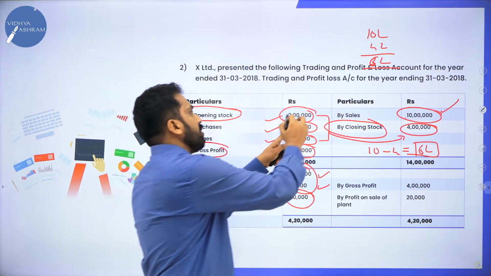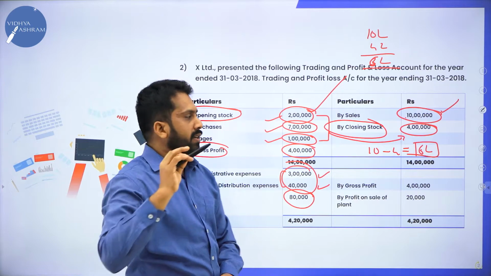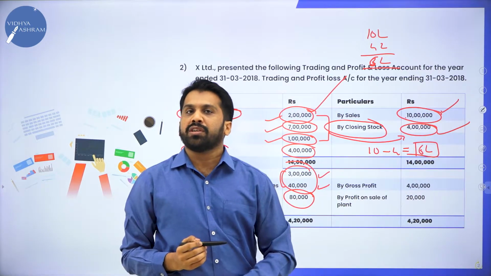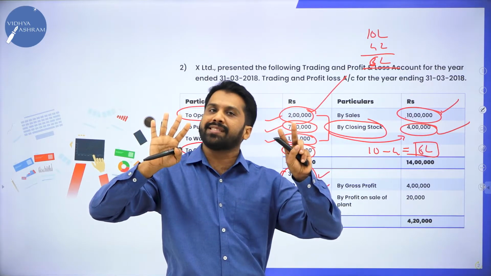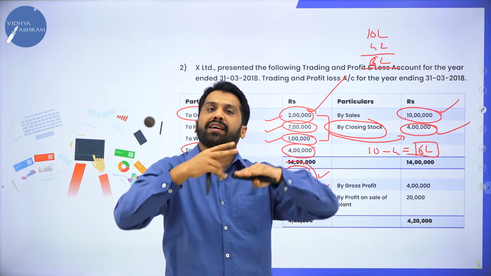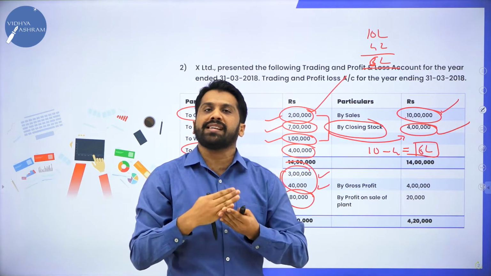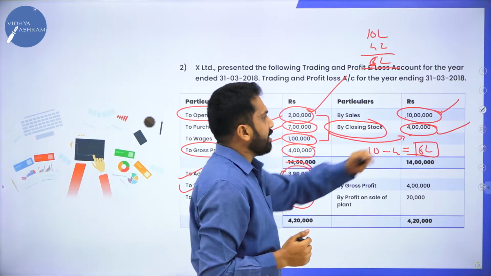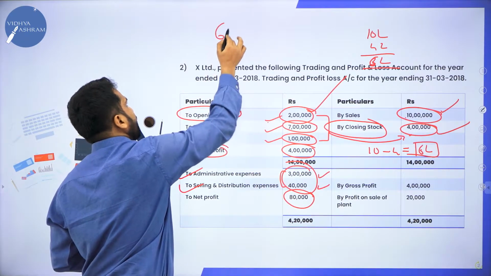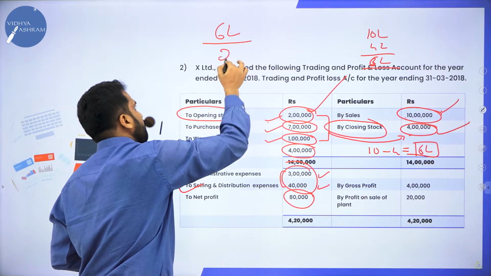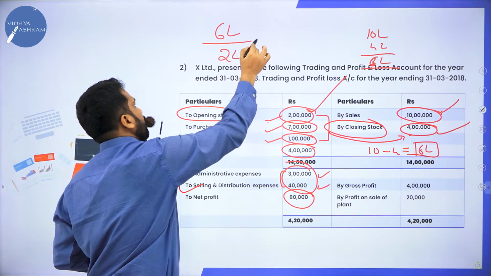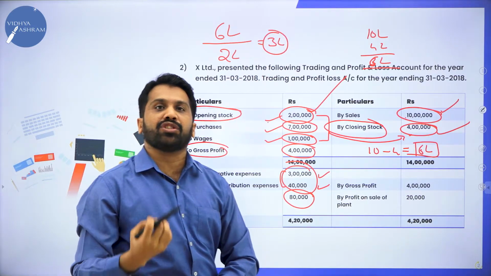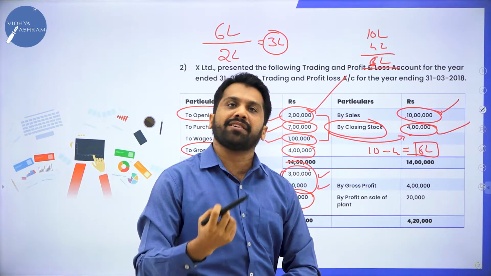Opening stock is 2 lakh. Closing stock is 4 lakh. How to take average? 2 plus 4 is 6 lakh. 6 lakh divided by 2, because we are taking average. Your answer is 3 lakh. This is called average inventory.